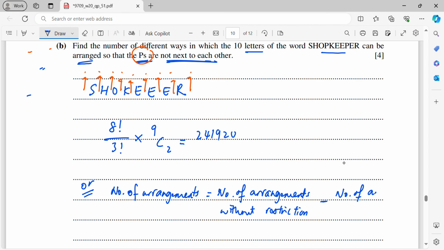That means the P's will not be next to each other when 2 P's are together.